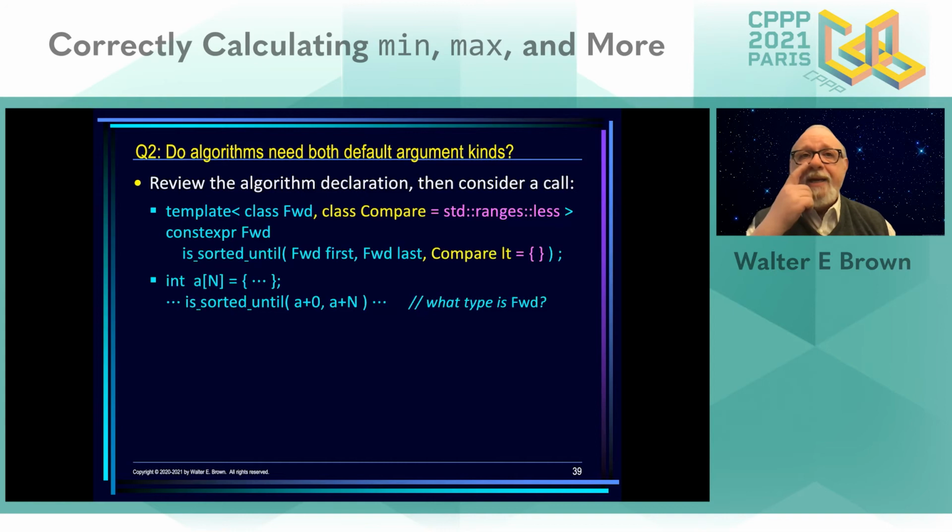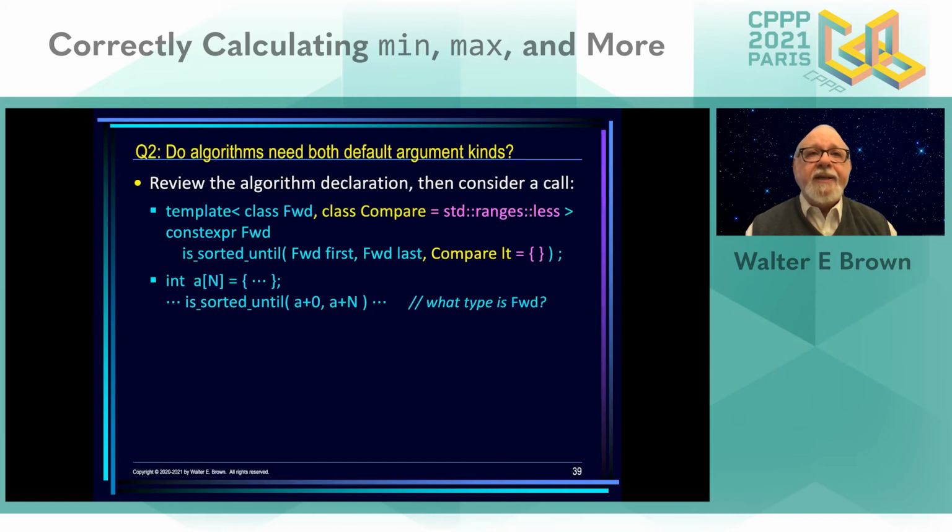We have an array named a of length n, and we're going to call is_sorted_until with a plus 0, comma, a plus n. So my first question is, what type will be deduced for FWD, which I pronounce forward? It's supposed to be a forward iterator, right?